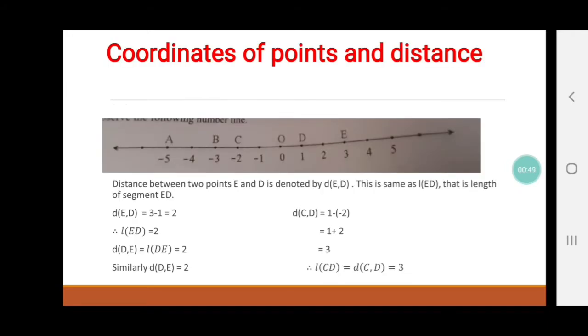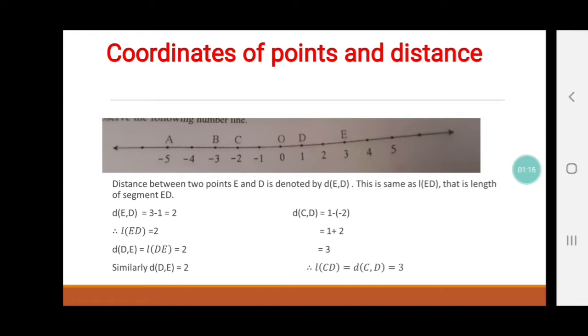Then coordinates of points and distance. Now we all know what is a number line, right? 0 is the center, and on the right hand side all positive numbers are plotted. On the left hand side all negative numbers are plotted. Means the set of all positive, negative numbers and 0 represented on a line is known as number line.